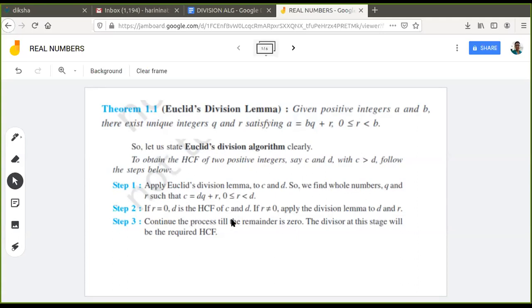So you continue this process till the remainder is 0. Till the remainder becomes 0, you keep on dividing, and the last divisor that you used to get a remainder 0 becomes the HCF.